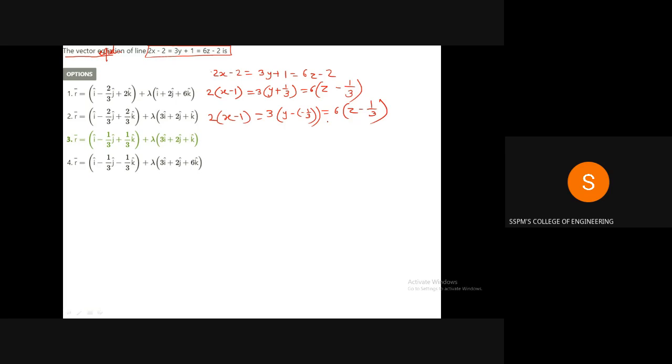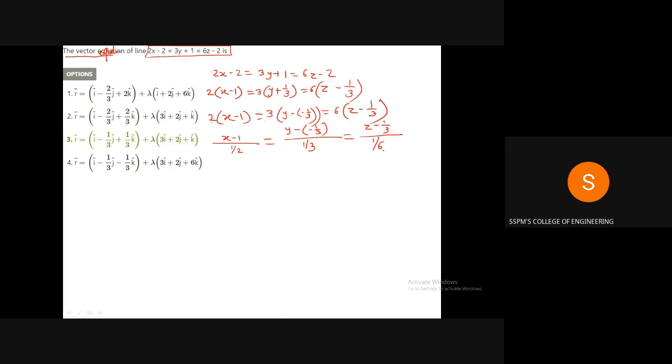Okay. Now instead of writing this 2, 3 and 6 in the numerator, we can write them in the denominator. So x minus 1 divided by 1 by 2 is equal to y plus 1 by 3 divided by 1 by 3, is equal to z minus 1 by 3 divided by 1 by 6.